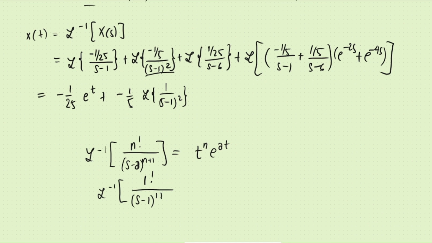So our n is 1 because our n plus 1 is 2. So that's t to the n, our n is 1, so we can write t alone, e to the a, our a is 1, so e to the t. So we can change this to t e to the t. Remember this one.